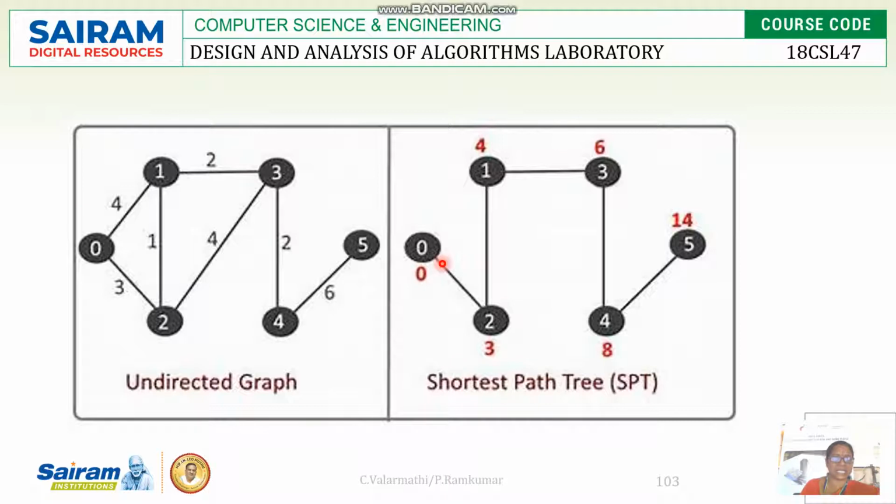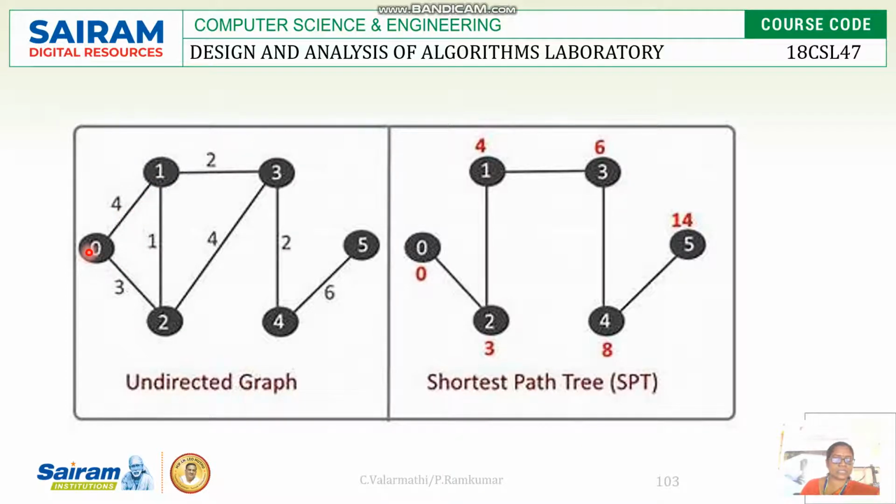Here is one sample example. This first diagram shows an undirected graph with weighted edges. So it shows that it is a weighted graph. It has 6 nodes from 0 to 5, and every node is connected together, and each edge has one weight along with its node connection.